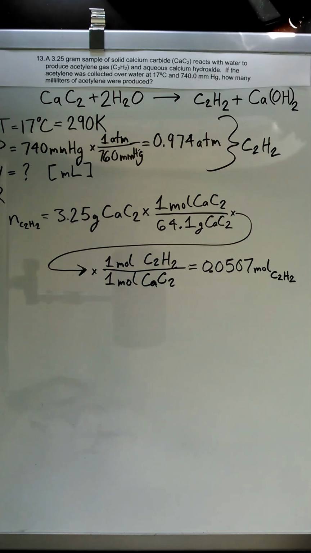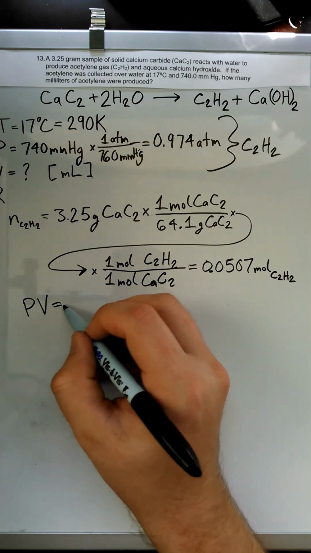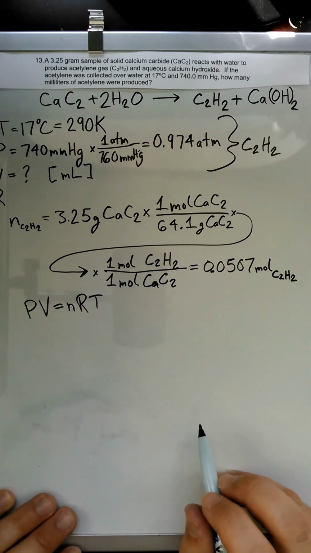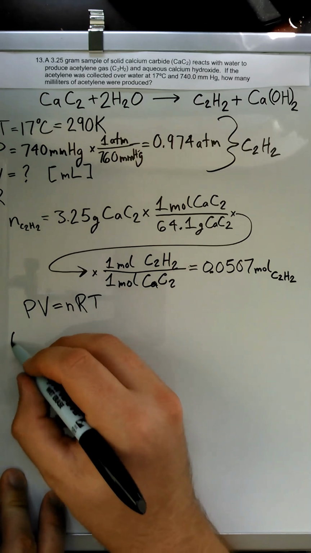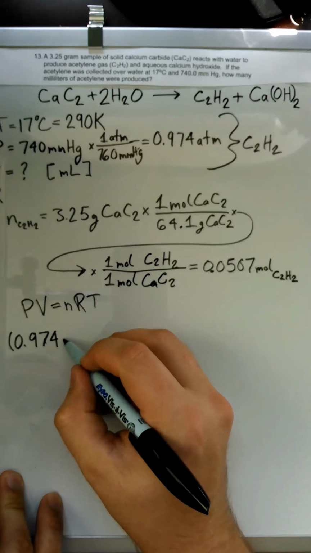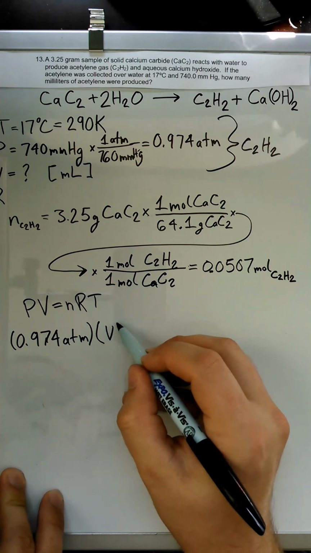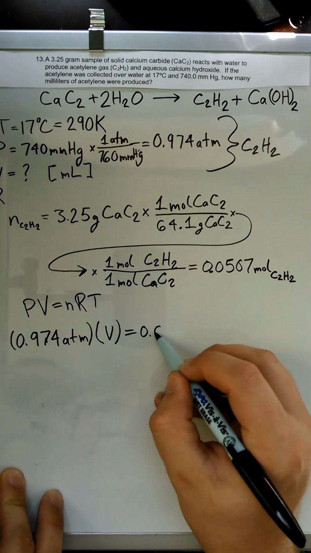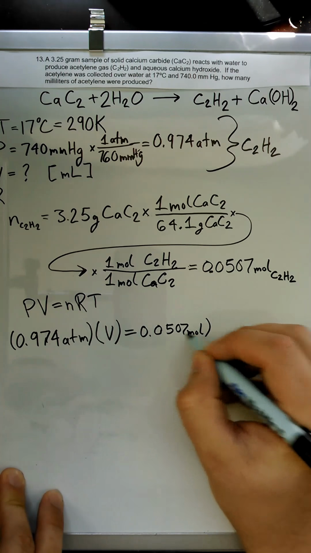So to find the volume, we can simply plug into our ideal gas law equation, PV equals nRT. Starting off, our pressure, which we converted from millimeters of mercury to atmospheres, is 0.974 atm. Our volume is what we're trying to find, the unknown. Number of moles is 0.0507 moles.